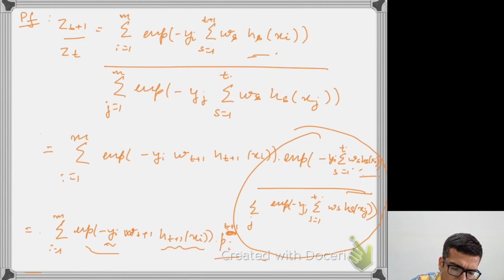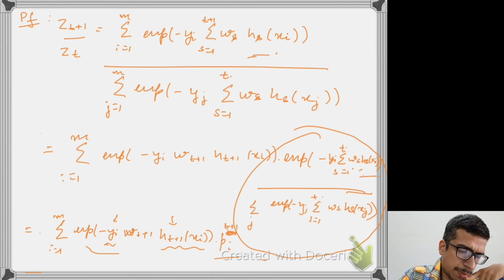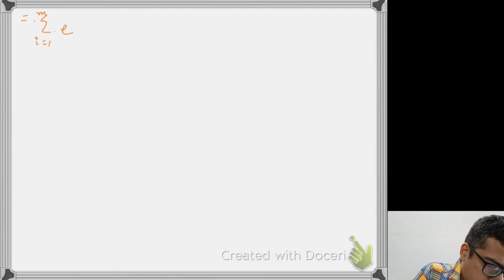So here essentially yi and ht plus 1 xi, in some instances they are equal, and in some instances they are not equal. So I split this sum into two parts.